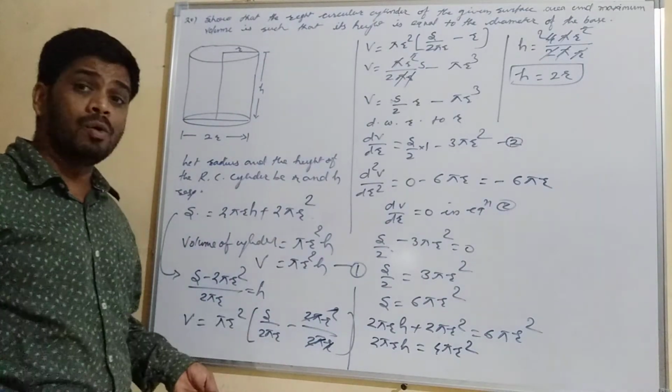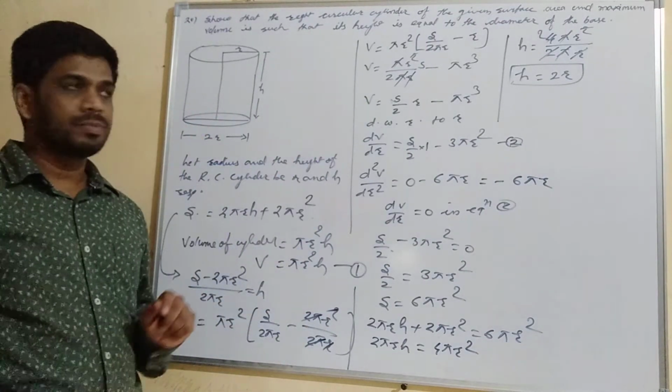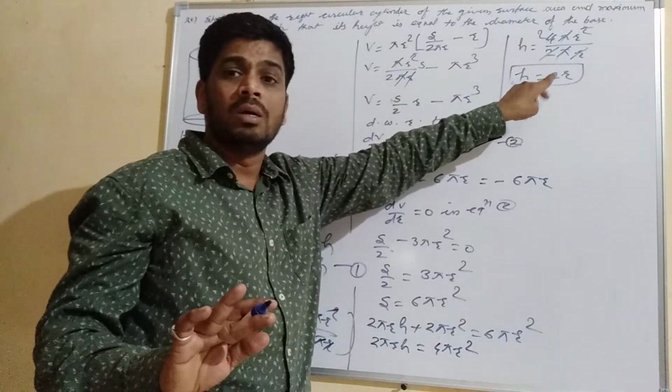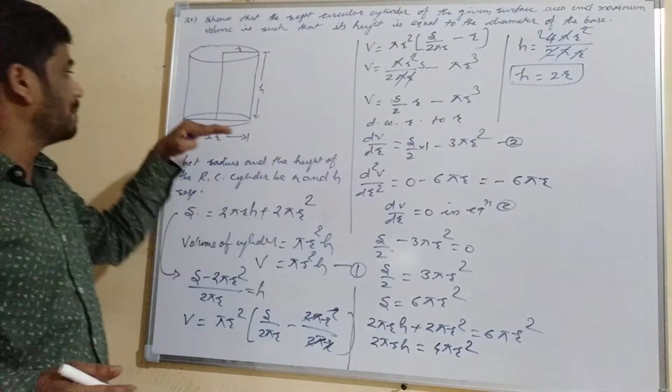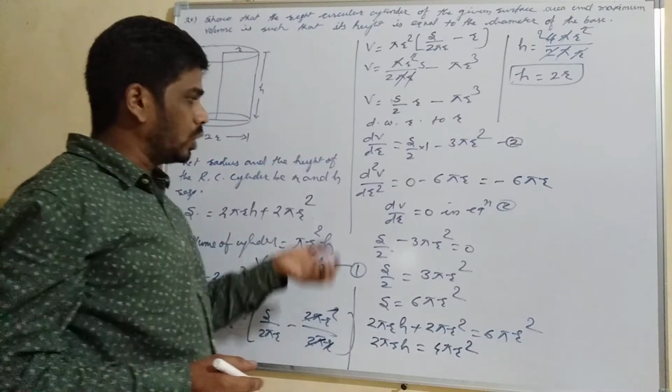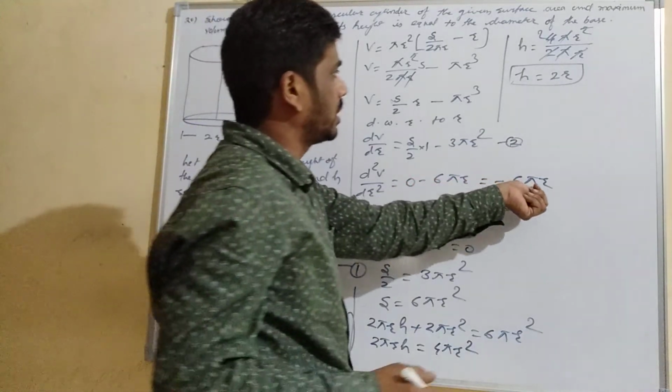H we got 2r. What we have to show now is that this volume is maximum. H we have to show this one only: H is equal to the diameter of the base. So 2r is the diameter of the base. We have to show it is a maximum. So we will substitute here.